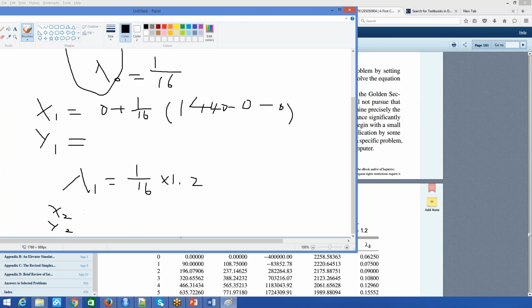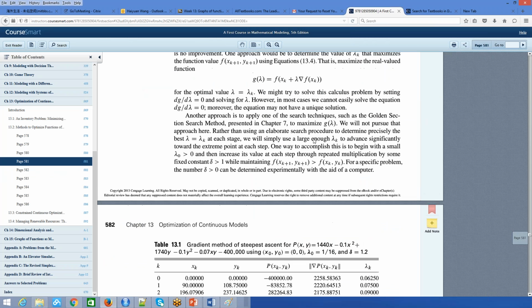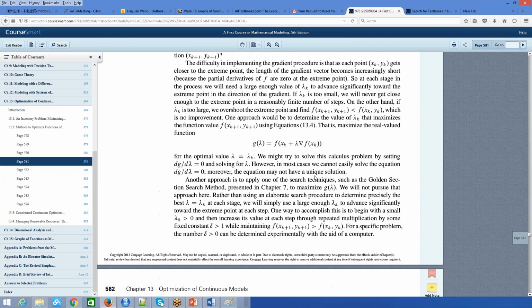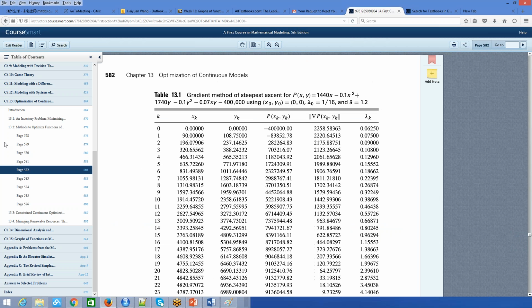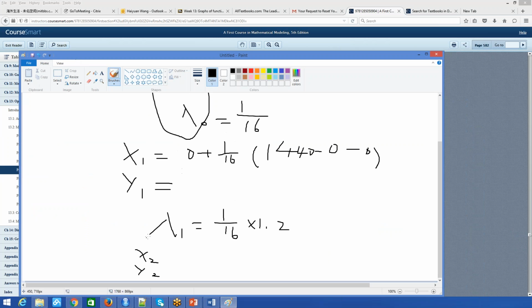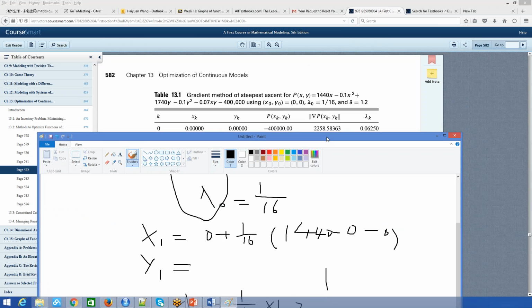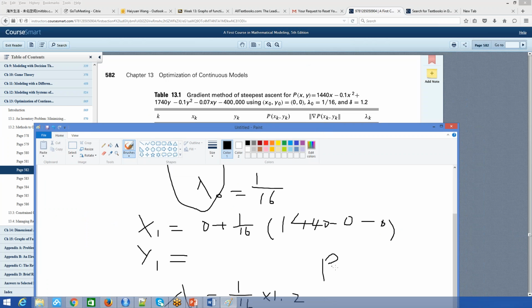I haven't answered your question on that one yet. Once you get your x1 and y1, you can use your function to get the function value. In this case, it's essentially p of x1, y1. Given the x1 and y1, you would find your p of x1, y1.